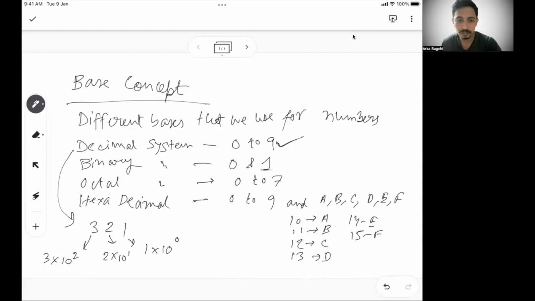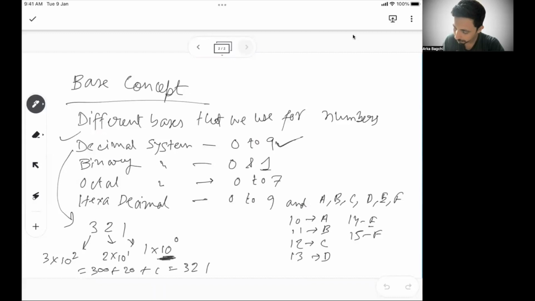So starting from 10 to the power 0, because it's decimal, the base of this power is the decimal base. So 1 into base to the power 0, then 2 into base to the power 1, 3 into base to the power 2. So basically 3 is in the hundredth place. It is getting multiplied with base to the power 2. And this is what makes it 300 plus 20 plus 1, 321. So it is also about the positional value of a system.